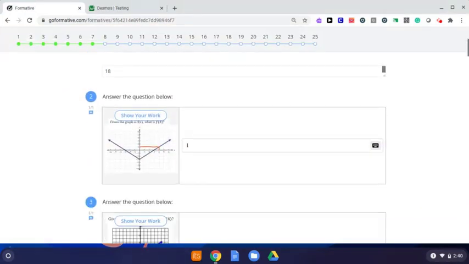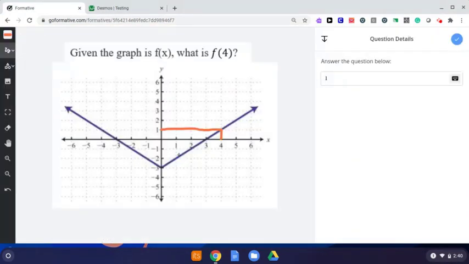We also talked about what if we have a graph. Well, remember, this is the x value, so go on the x-axis, look for the value that they give you. Here they give me 4. Draw a vertical line till it touches the graph, and then draw across to find your y value, to find your answer for the function. And then type, and there we go.